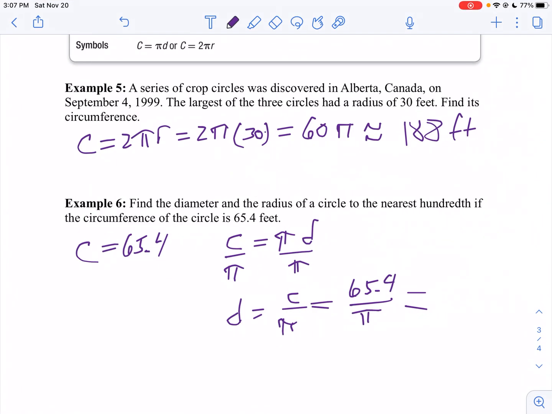So my diameter is 20.82 feet. And my radius is going to be half of that, which would be 10.41 feet. So just divide that by 2, and you get the radius.